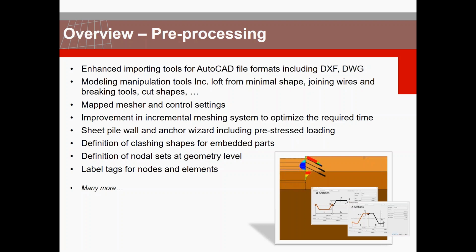We incorporated additional features with respect to PowerSolid and integrating that with the DNA environment for modeling manipulation. We improved mapped meshing to tackle more complex geometries in DNA. The incremental meshing system has been advanced and helps us to optimize the time required for remeshing the model.